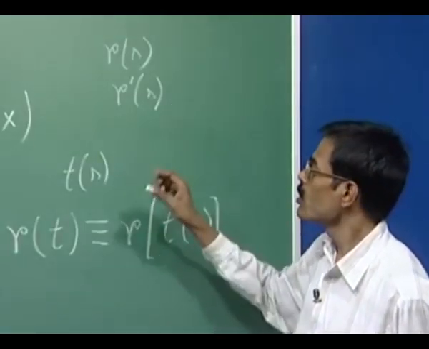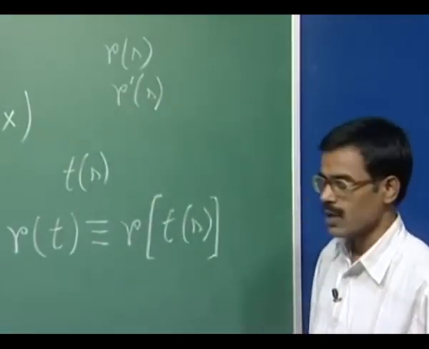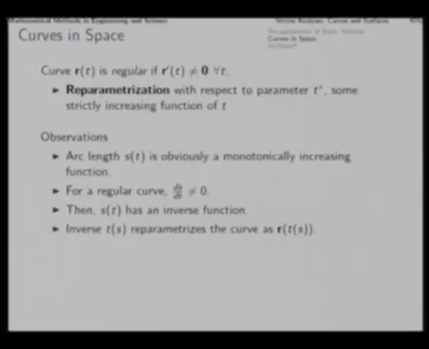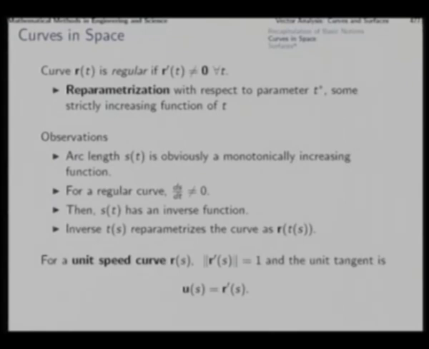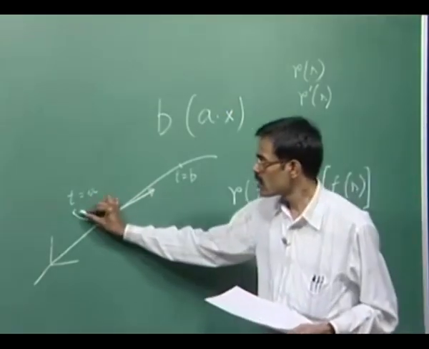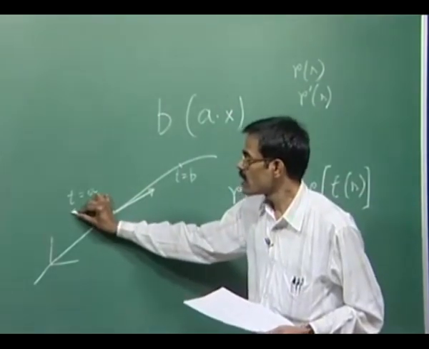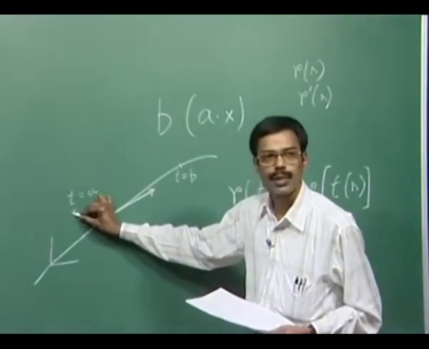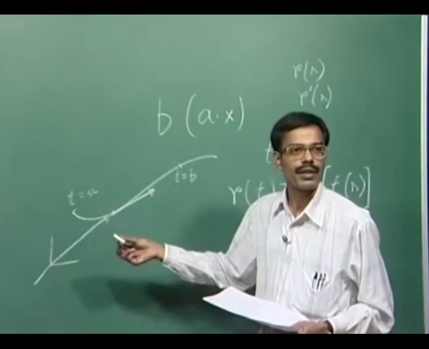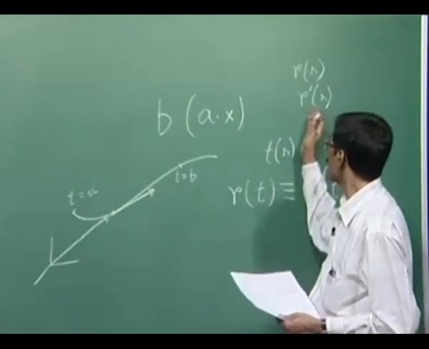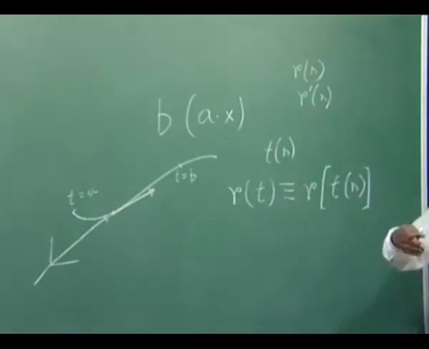That is why a curve parameterized with arc length as the parameter is called a unit speed curve. Because for every small distance covered, the length of the small segment is the same as ds, so this derivative will always be of unit length.